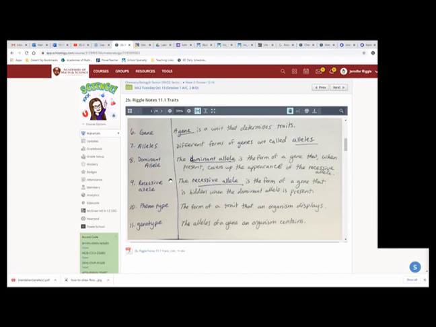So dominance, you say? Okay. The dominant allele is a form of a gene that, when present, covers up the appearance of the recessive allele. Okay, so keep that in your brain.